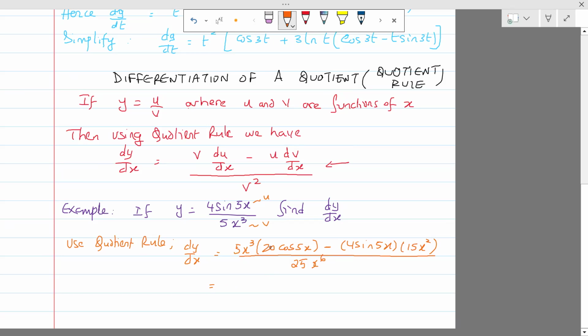This one becomes 100 x cubed cos of 5x minus 15 times 4, 60 x squared sine of 5x, over 25 x power 6. You can further simplify this by taking x squared outside and so on. So you can try to simplify this further.